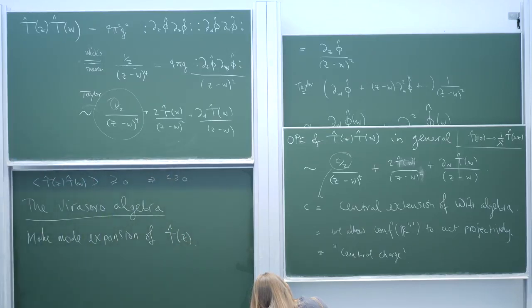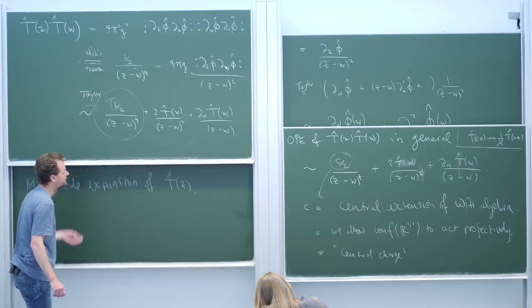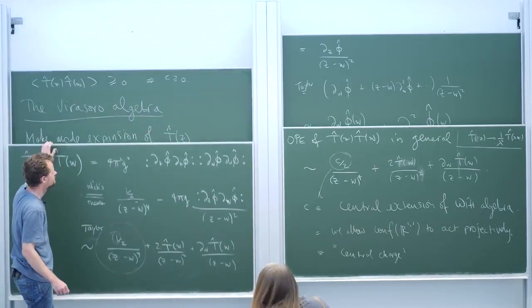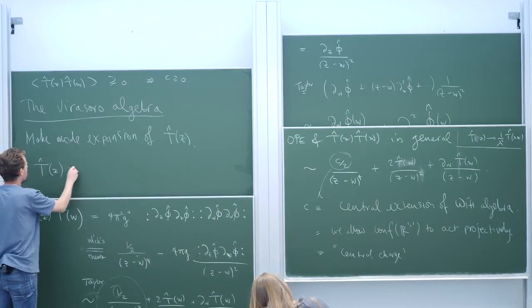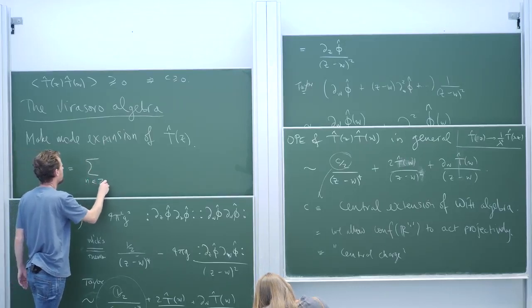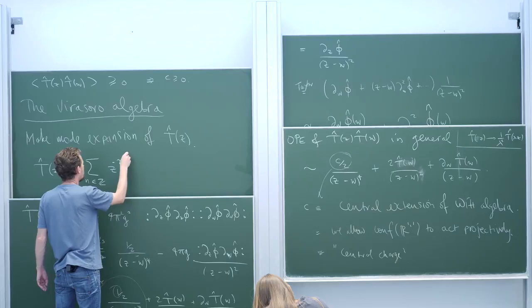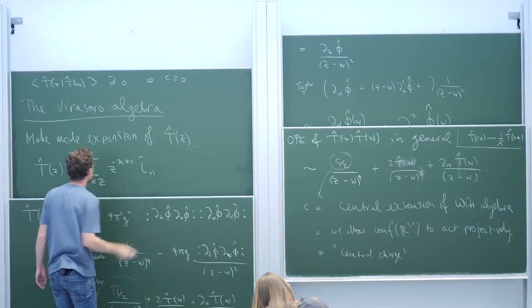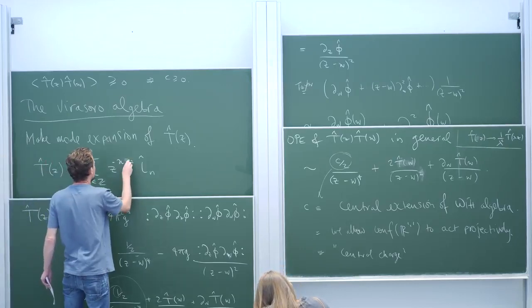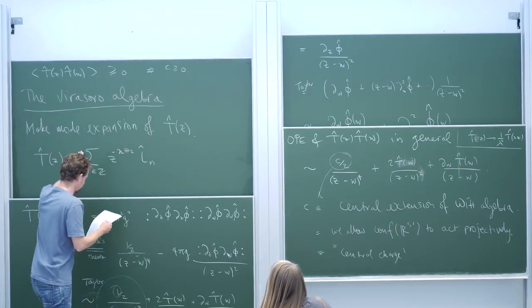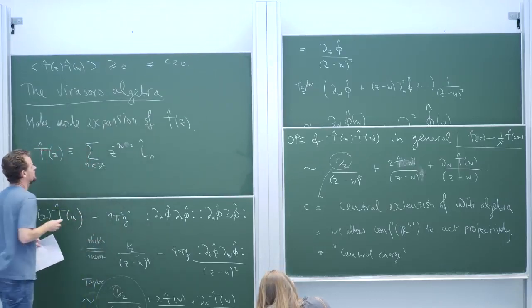So the way to do this is we identify T of Z, we take its Fourier series, and then we look at the Fourier coefficients, and they all just end up being the generators we want. It's just a definition, right?